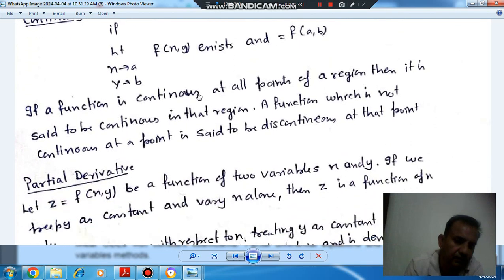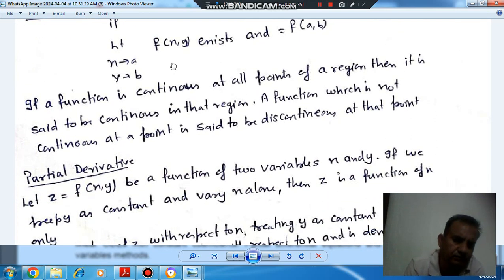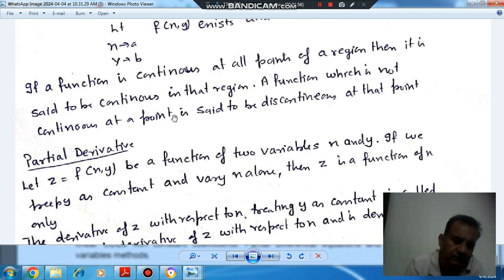Otherwise, it is a discontinuous function, like single variable. In single variable, only x was there; in double variable, x and y are there. In single variable, limit x tends to a of f(x) is equal to f(a), and in double variable, limit x tends to a, y tends to b of f(x, y) is equal to f(a, b). So this is just an extension of single variable.